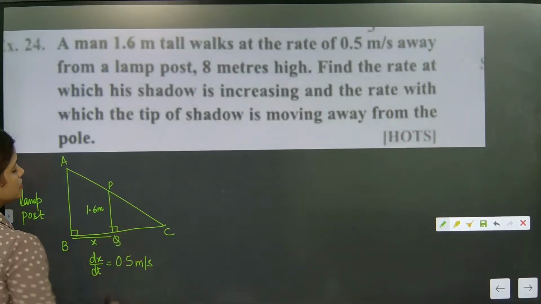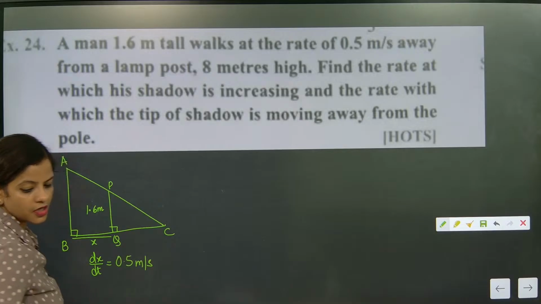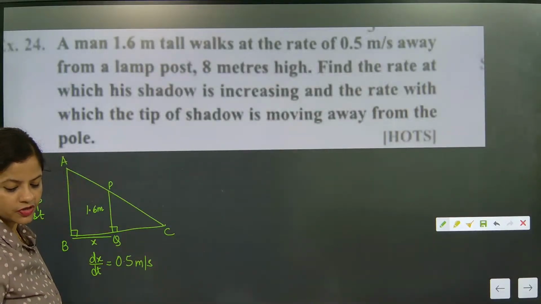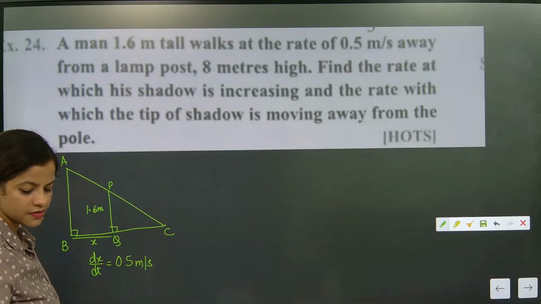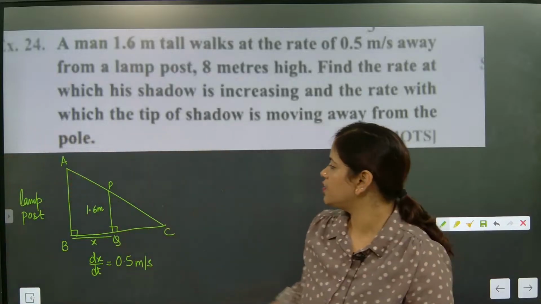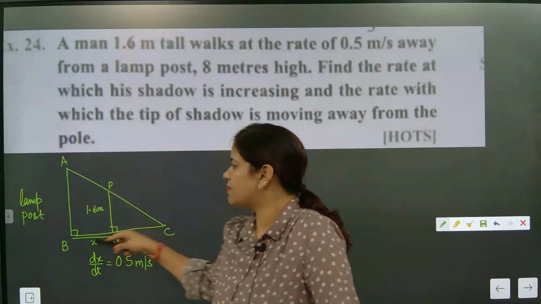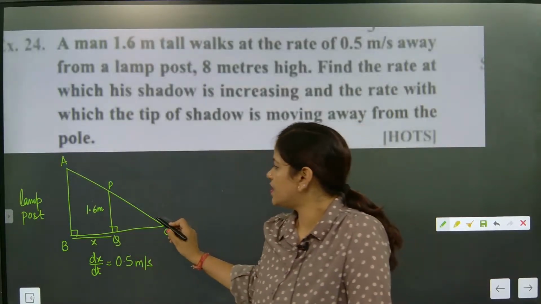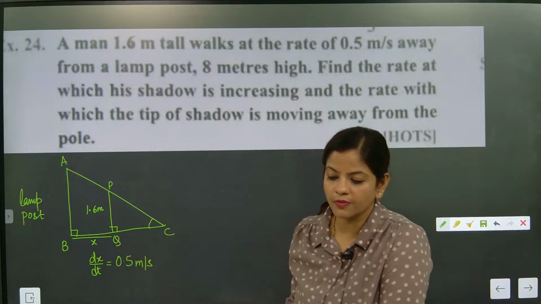In this type of questions, first you have to solve the questions with much perfection. What you will be needing here is that this is a triangle, so similar triangles, and here angle C will be common. Understood?